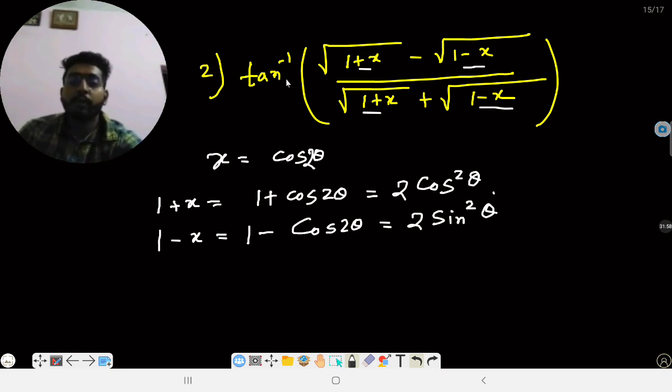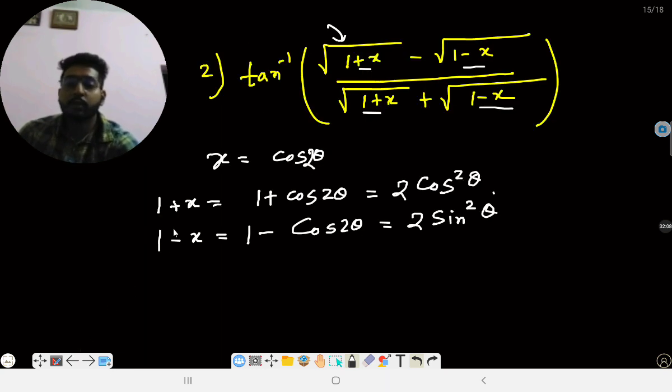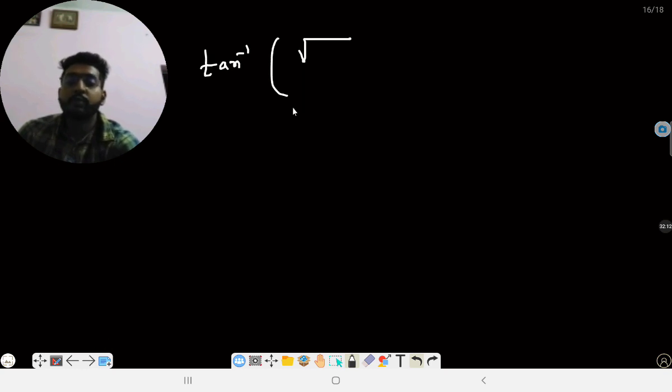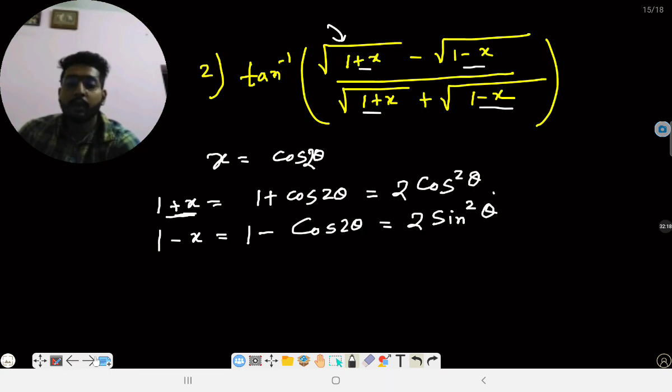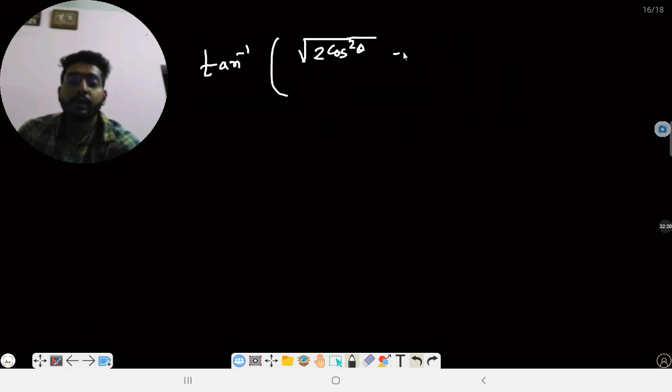Now we have to put the values here. So that will become tan inverse of root under of, now what is given here? 1 plus x, the value is 2 cos square theta. Now here it is minus root over of, again that is 2 sine square theta.